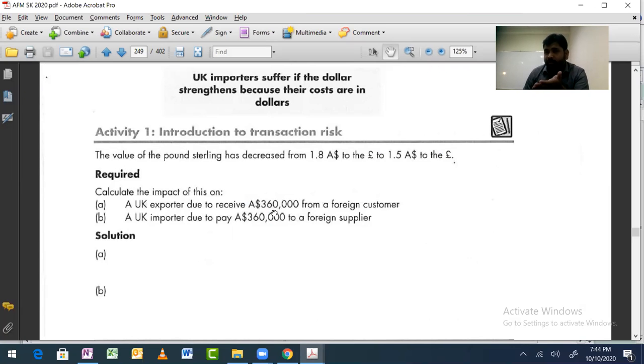It is going to be good for you. If you are a UK importer, you have to pay and this has decreased. This is not going to be good for you. Because now if you do the maths, you will get the same answer. Earlier you are going to pay 200,000 pounds to get over with this liability, but now you will have to pay 240,000 pounds for this. So in this case you are losing 40,000 pounds, same numbers, right? So I don't think we need to do the maths twice.